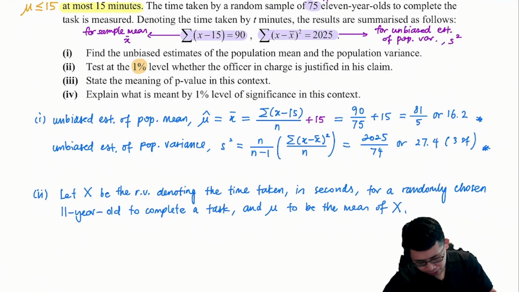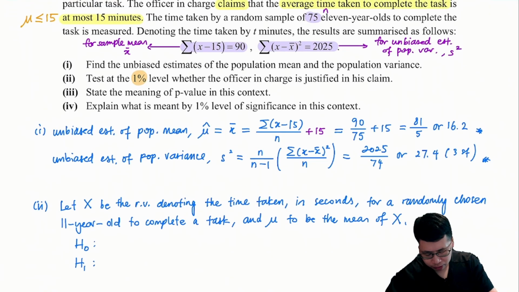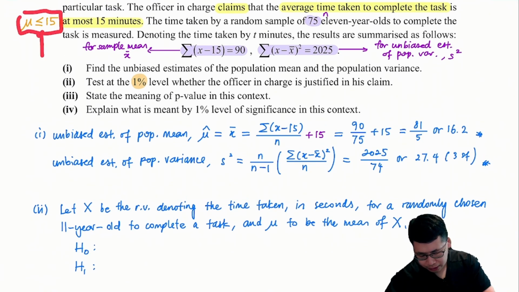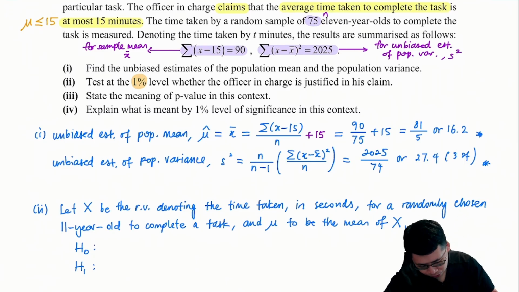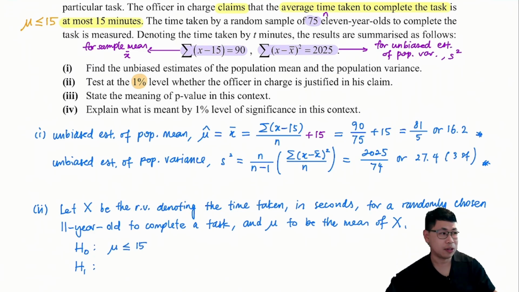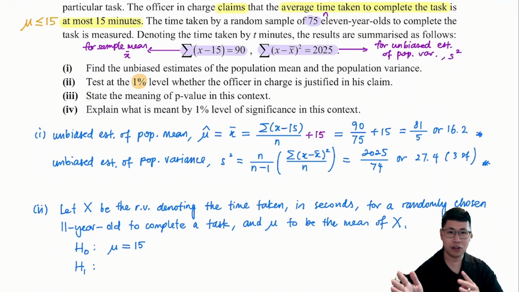Now we are going to write down our null hypothesis and alternative hypothesis in step 2. The one that we got over here has the equal sign, so usually the quantity that has the equal sign would form our null hypothesis. Technically speaking, we are testing for mu less than or equal to 15, but in our syllabus it is sufficient for us to just put equal to 15, because we are going to test on the other side.